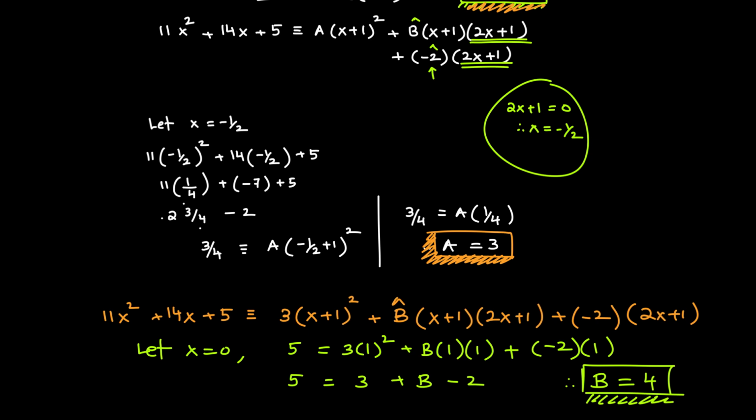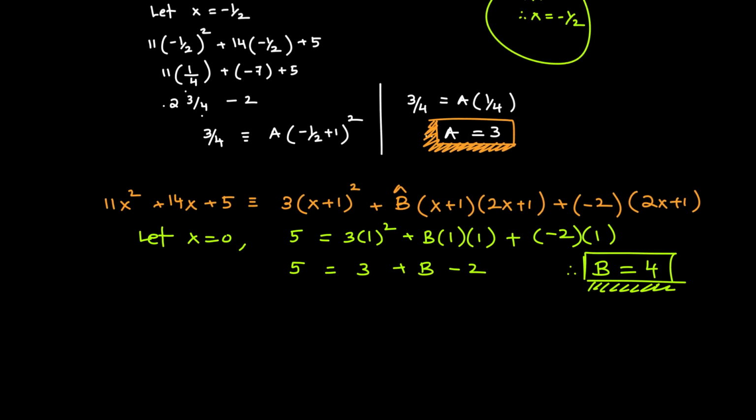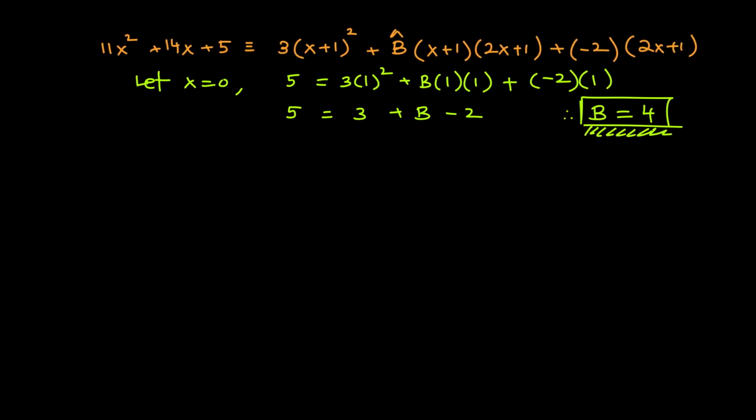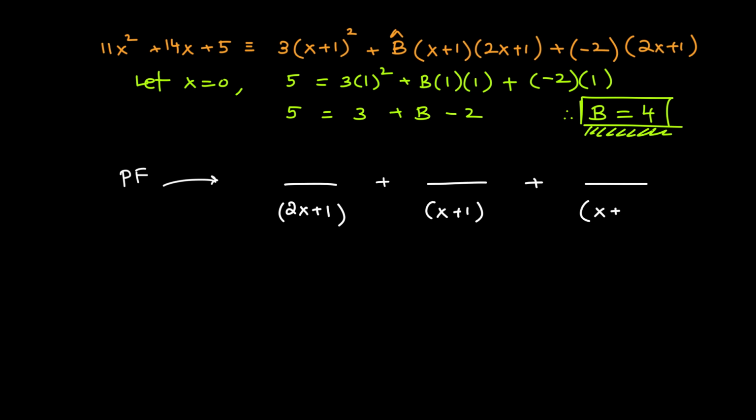But wait a minute. What were we actually looking for? What was the question all about? The question was all about finding partial fractions, so the answer should be in a fraction format. There were 3 denominators. The first one had a denominator of 2x plus 1. The other one had a denominator of x plus 1. The last one was written as (x plus 1) whole square.